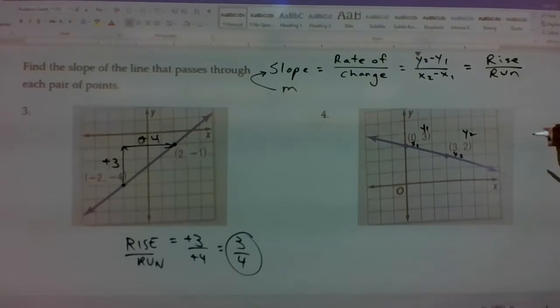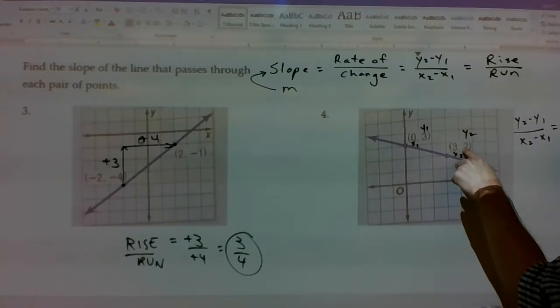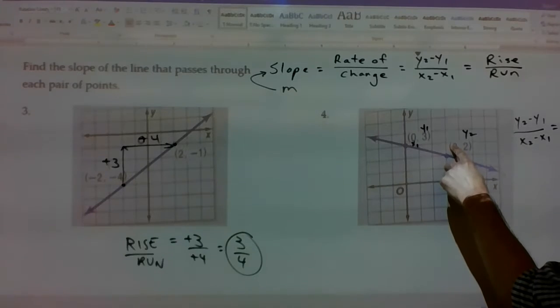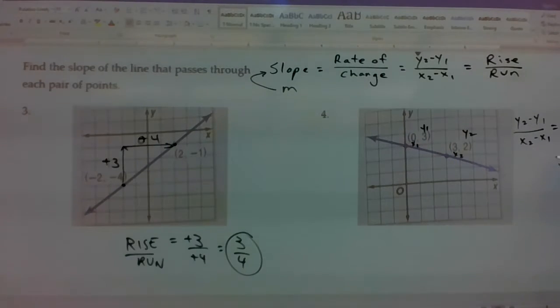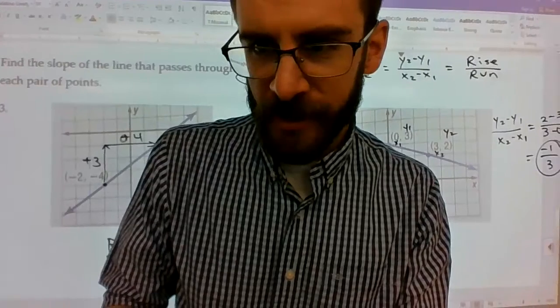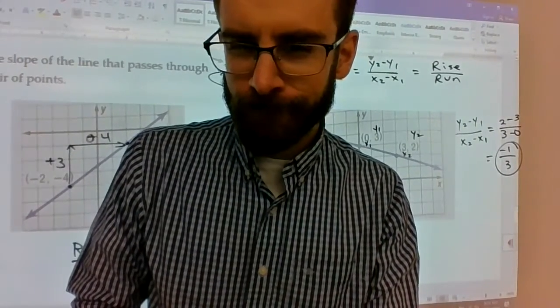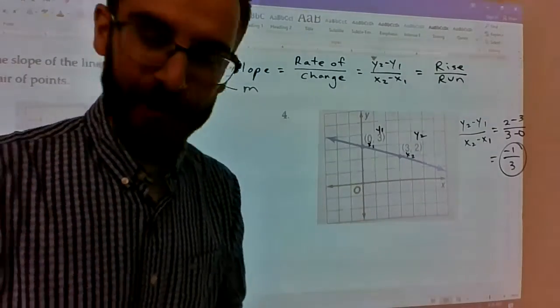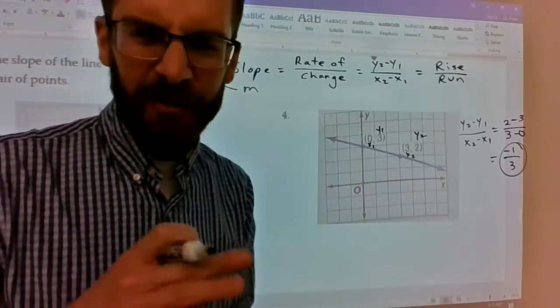You can use the formula as well. y2 minus y1 over x2 minus x1 would be 2 minus 3 over 3 minus 0. 2 minus 3 is -1. 3 minus 0 is 3. So that would also be, I'm so sorry, you guys couldn't see that whole thing. Bottom line is, there's your slope. Sorry, I don't think I'm going to redo that one.